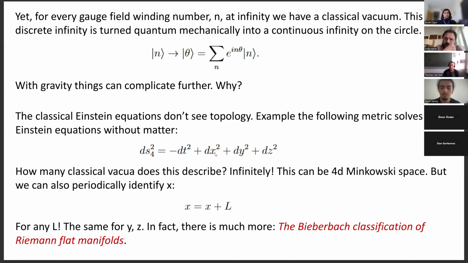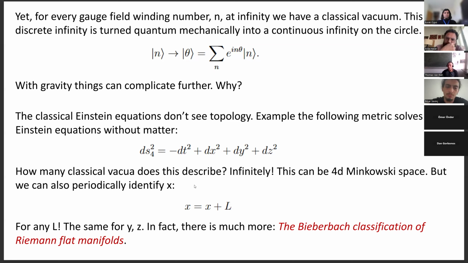I can say x equals x plus 1 centimeter, but I can also say x equals x plus 2 centimeters. All of that are proper vacuum solutions, right? And the difference between Minkowski space and this one where I identify x is a topological issue. Just like with Yang-Mills theory, which had different gauge field windings at infinity, yeah?